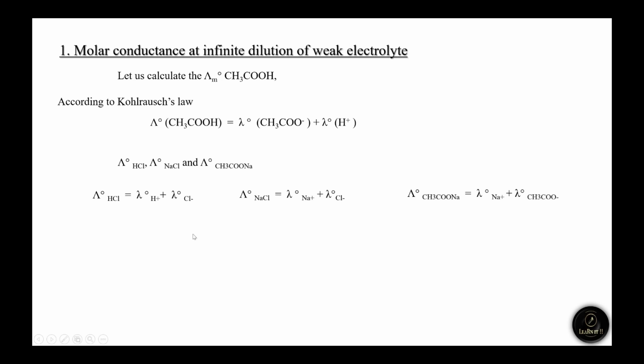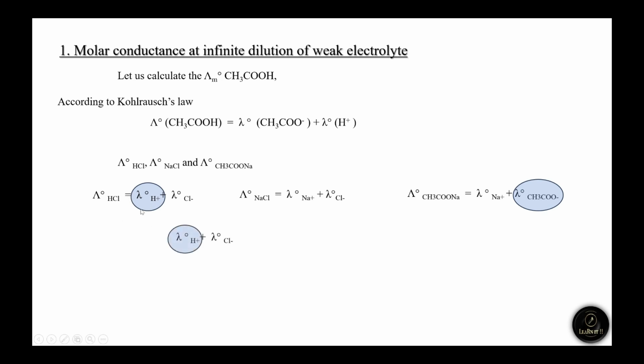So we can rearrange them, one containing the H plus ion, another containing the acetate ion. If we combine both of them, we are going to get the molar conductance at infinite dilution of acetic acid. So how to do it? Let's rearrange them.